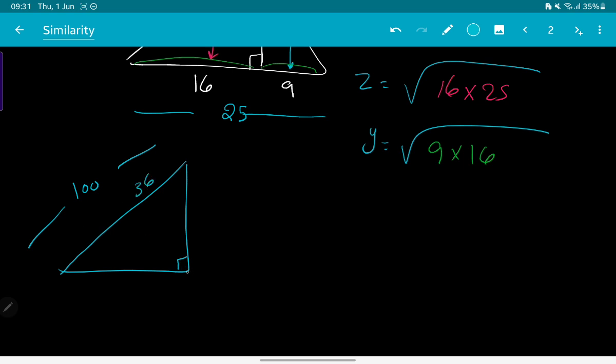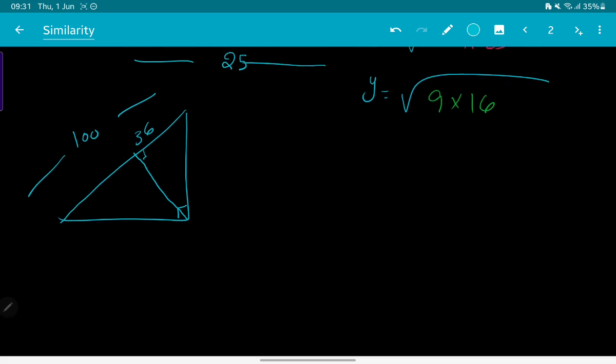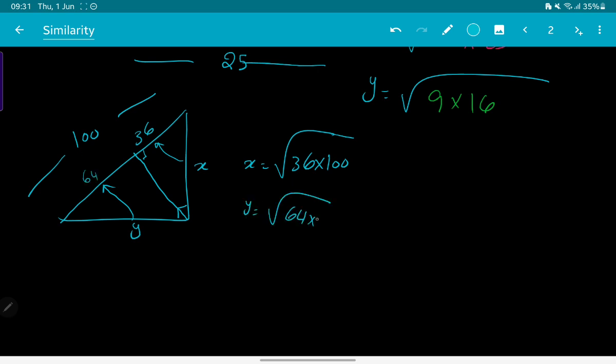It's not drawn to scale, so it's okay. We are asking about x or y. To find x, this part is 36, multiplied by the base, 100. To find y, the rest of the 100 is 64, so y equals 64 multiplied by 100.